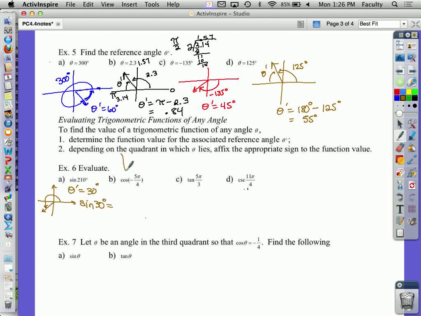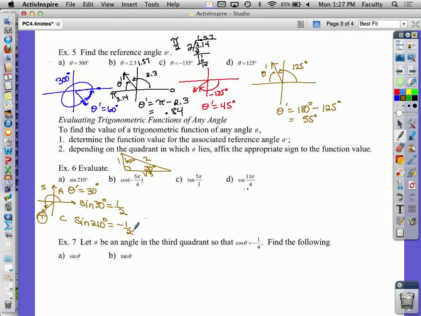I would suggest you draw your 30-60 right triangle and your 45-45 right triangle and just have them ready for action. So the sine of 30 is 1/2, and then for the sine of 210, All Students Take Calculus. Only the tangent's positive there.